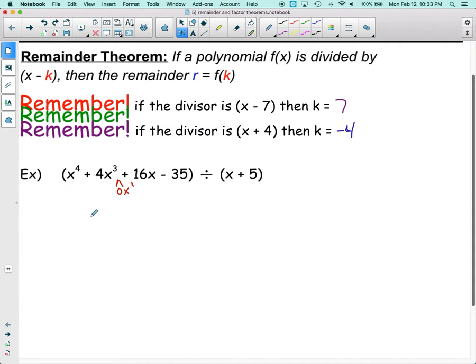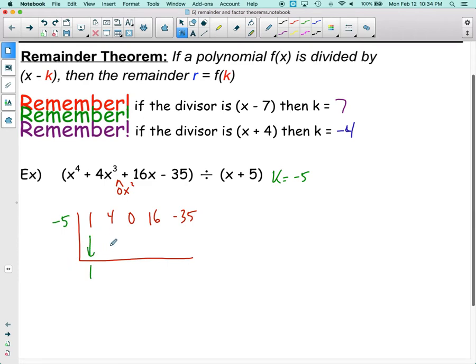So I've got a 1, 4, 0, 16, negative 35. And just like we were talking about here, make sure that our k value is negative 5. So what we're evaluating this function at is negative 5 when we try to divide by x plus 5.